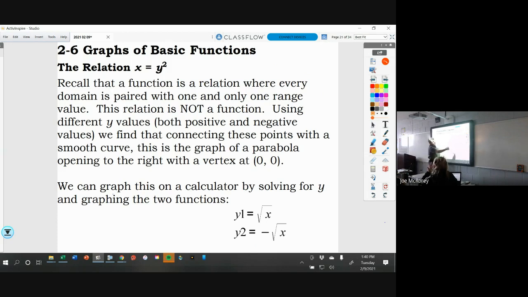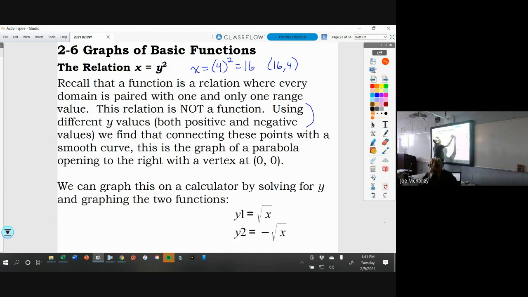So if I said that x is equal to 4 squared, what would x be? 16. That would be the point 16, 4, correct? Because x is 16 and that's the y value, right?